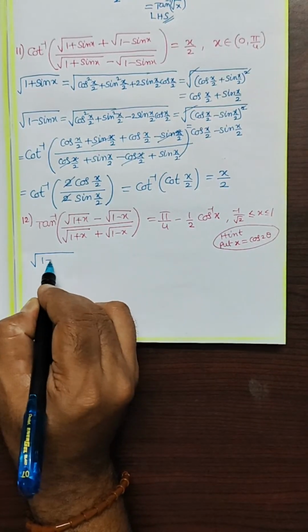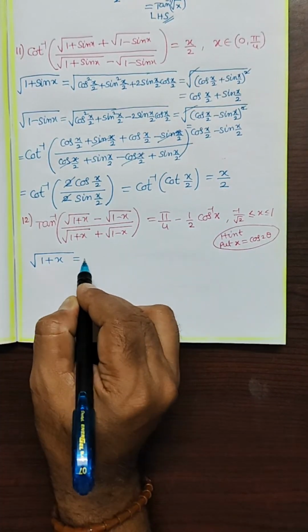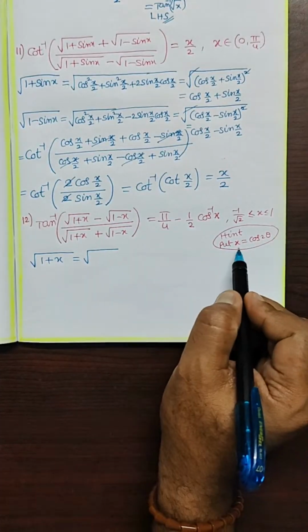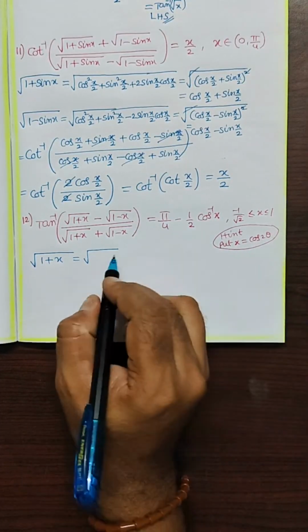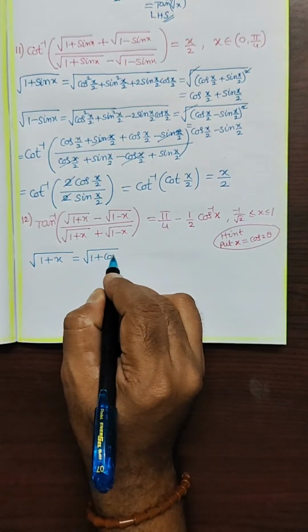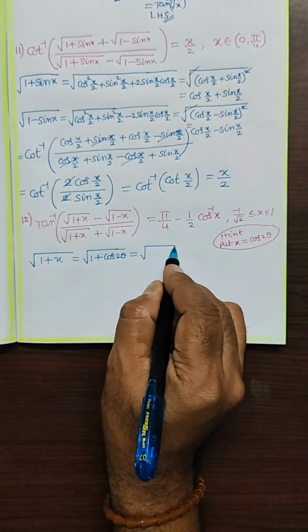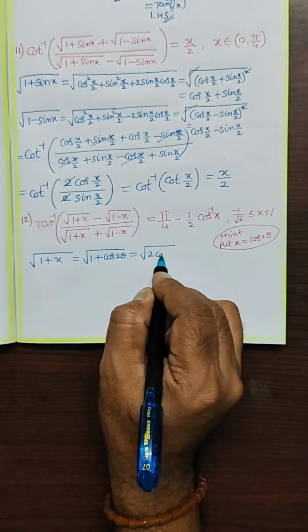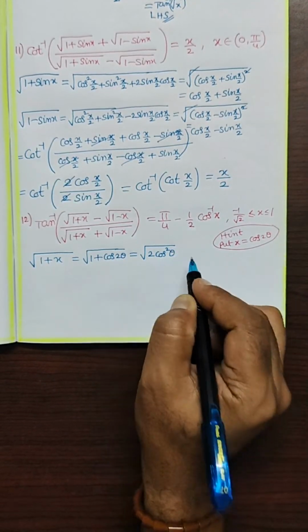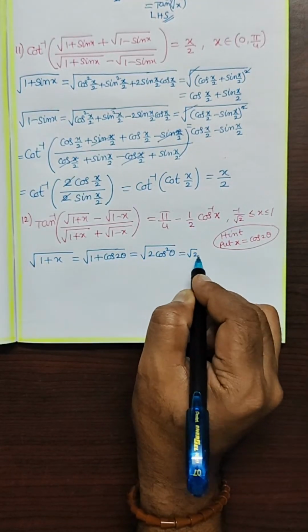Root 1 plus x, with x equal to cos 2 theta, is root 1 plus cos 2 theta, which is equal to root 2 cos square theta, so which is equal to root 2 cos theta.